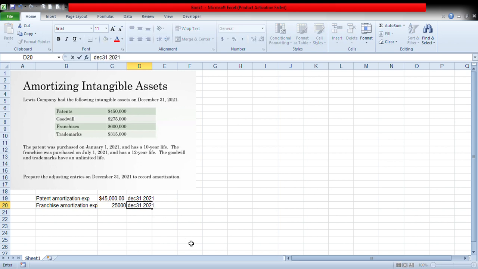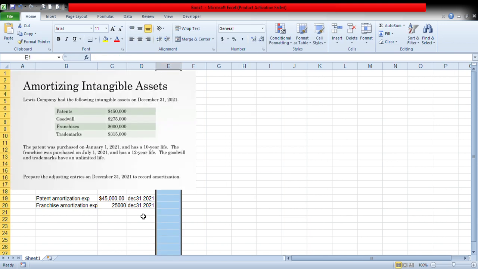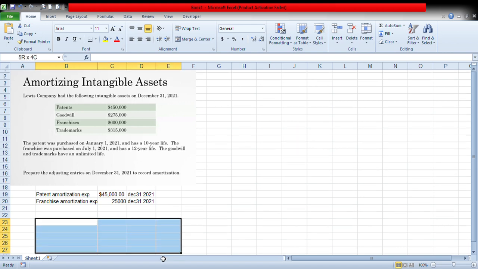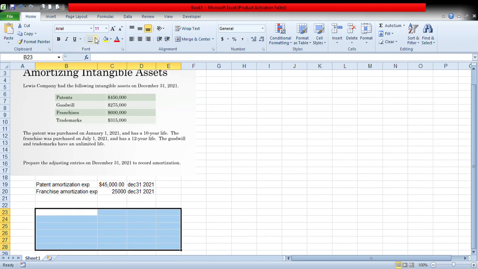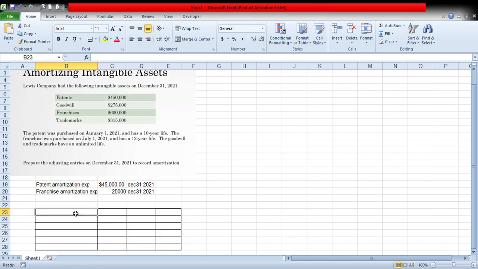Understand? Now let's make the adjusting entries. Let me show you how you can make the adjusting entry. It's very simple, ladies and gentlemen. Particulars, debit and credit.